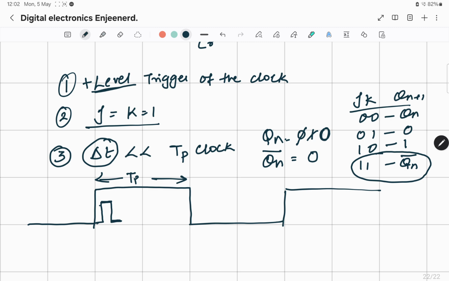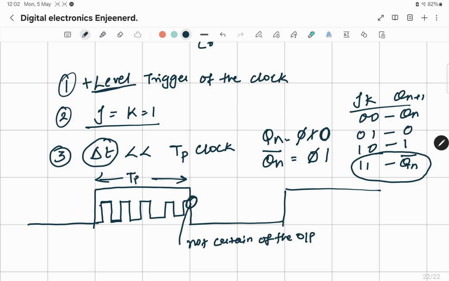When my new output is 0, J is equal to K is still 1. What is Qn bar? It is Qn's complement, so it will become 1. So this will go high, and this will continue till you have a positive edge. So at this point, I am not certain of the output. I am not sure whether I will have a 1 here or a 0 here because of this toggling, and this is called race around condition.